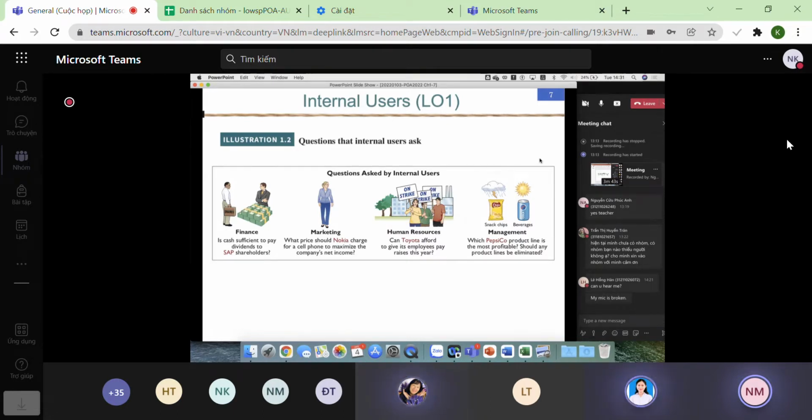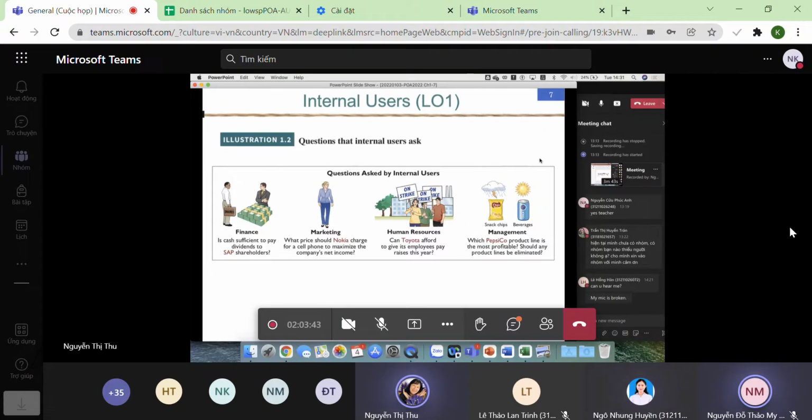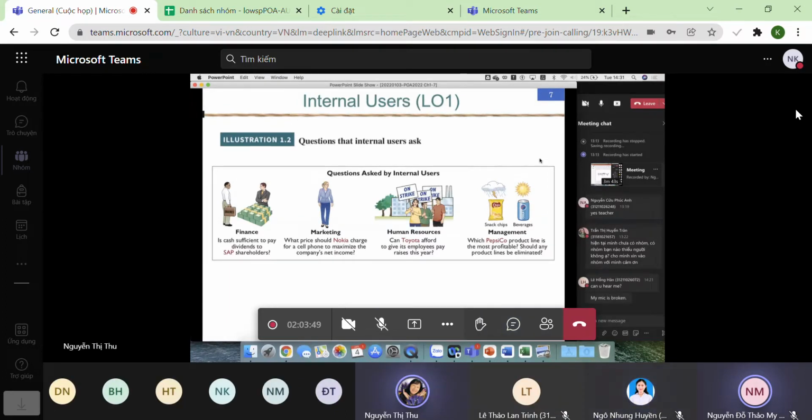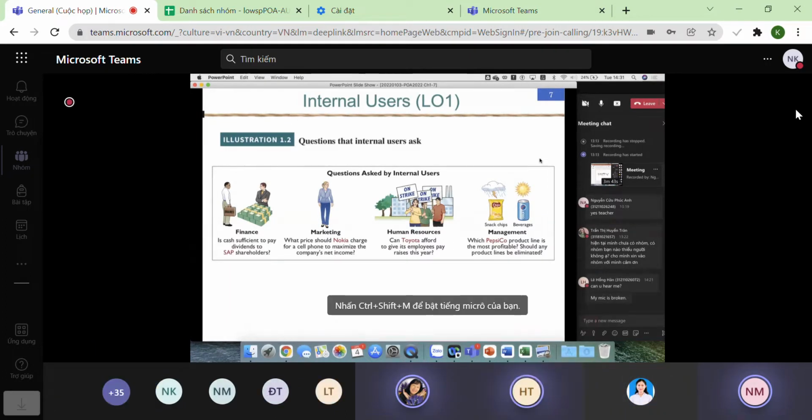Continuous, thường xuyên. Continuous information. Detailed and continuous information. That is the list of information of internal users.